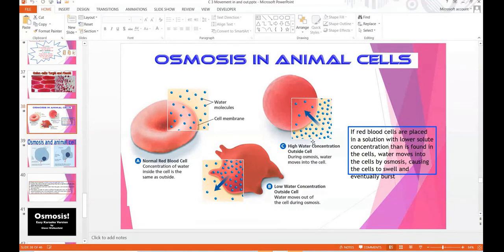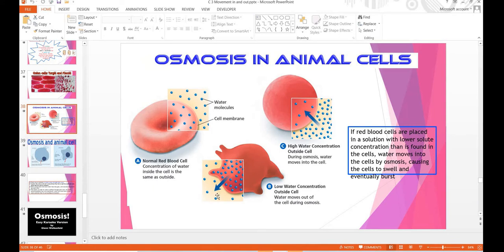So moving on to the osmosis in the animal cells, we discussed what's happening to the RBC over here. You can see this particular RBC, which is A, it is a normal RBC. Why? Because the water concentration is the same both inside and outside the cell. So the water is neither moving in nor moving out. But in B, you can see the water concentration inside the cell is more compared to outside the cell.